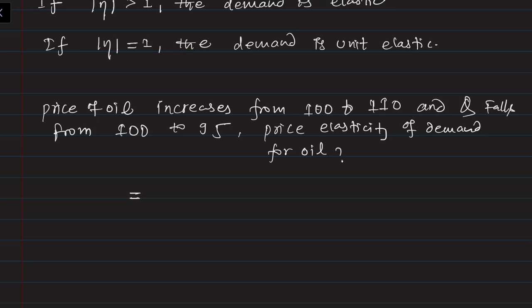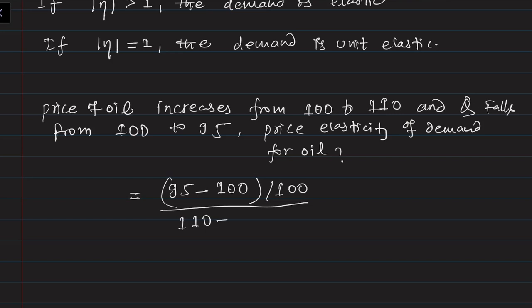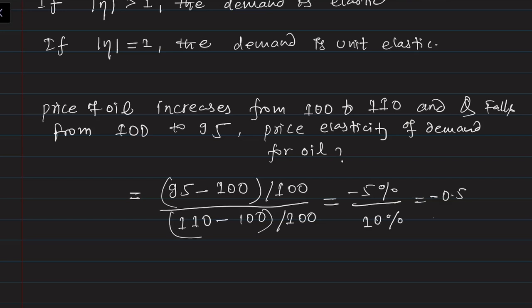Let's say from 95 to 100, divided by 100. This is the percentage change in quantity, and for the percentage change in price, we subtract 100 from 110 and divide by 100. So this gives us minus 5% divided by 10%, which is minus 0.5, or 0.5 in absolute terms.